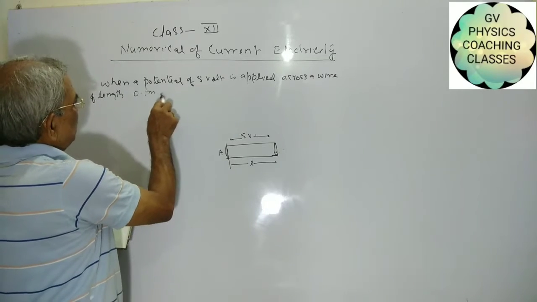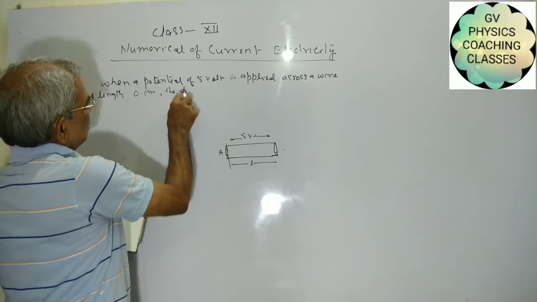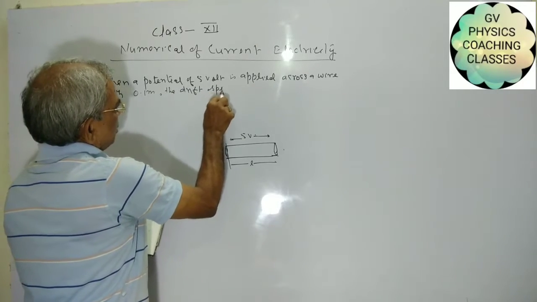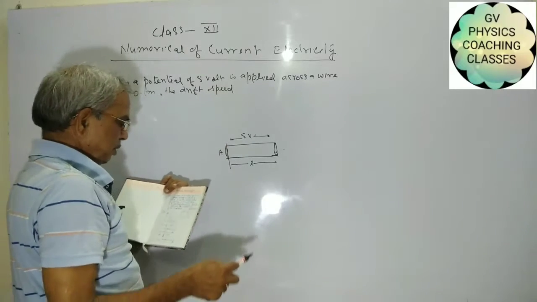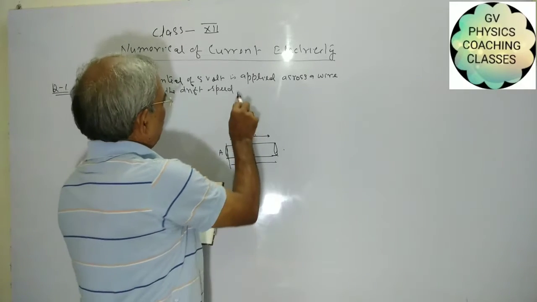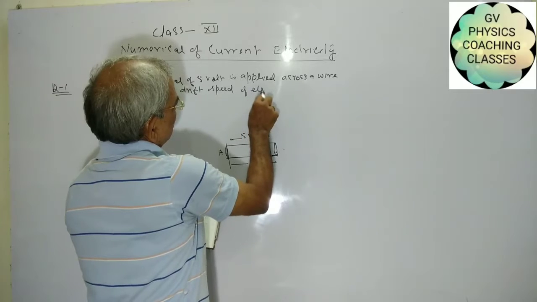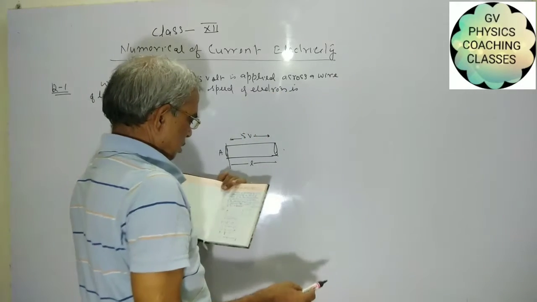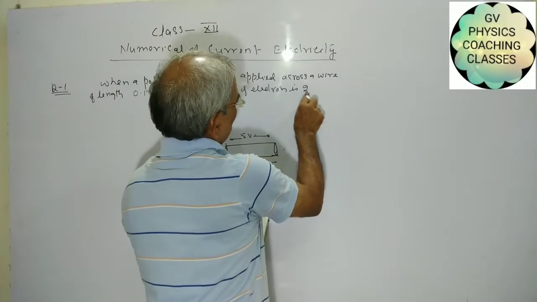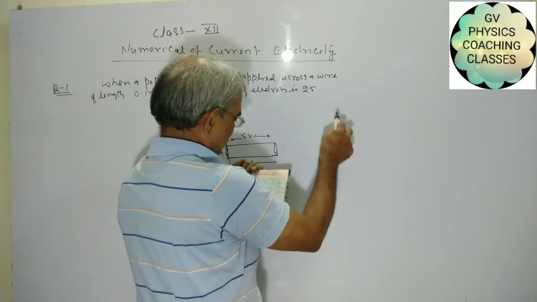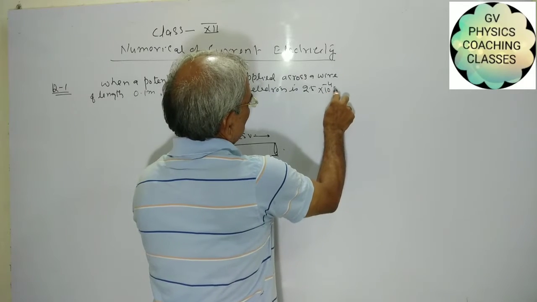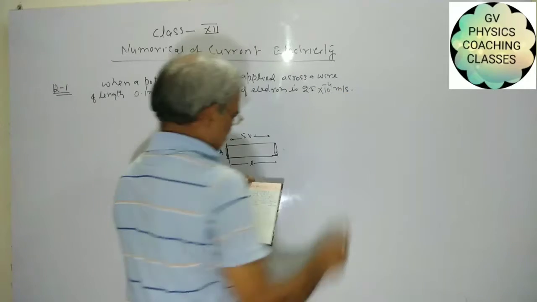the drift speed of electron is 2.5 into 10 to the power minus 4 meter per second.